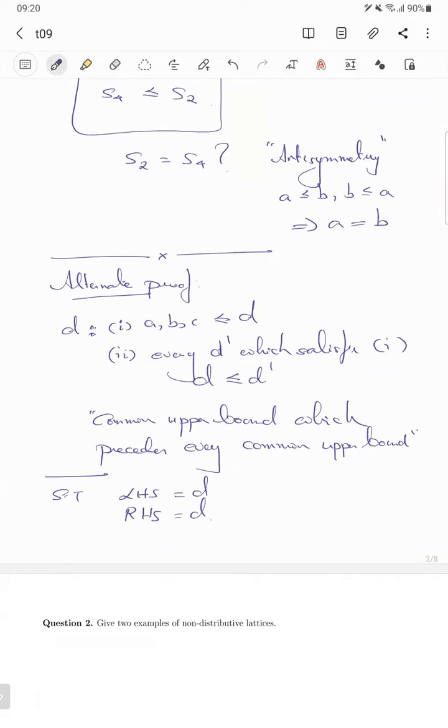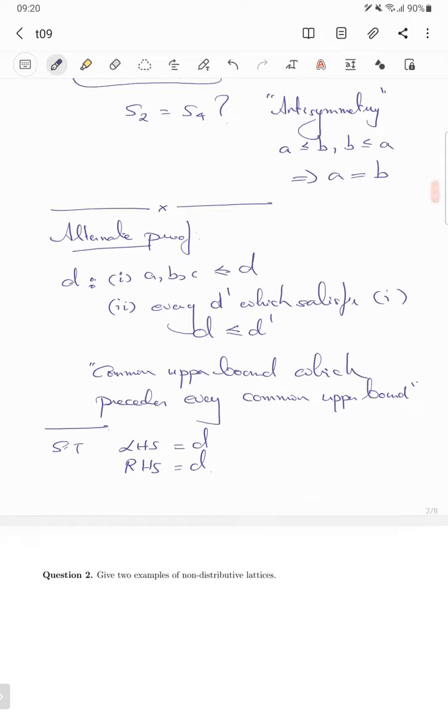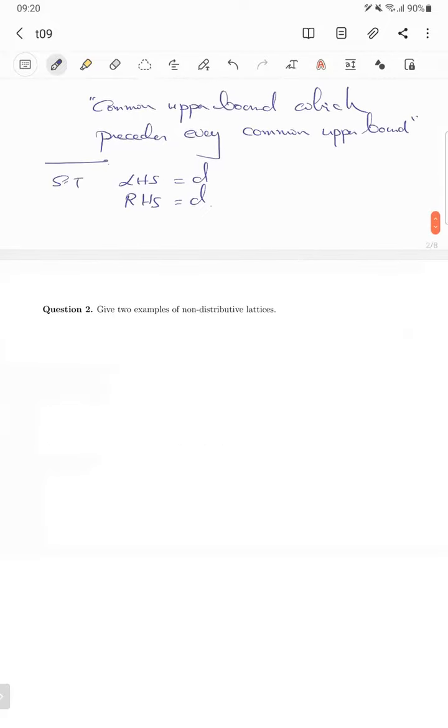This intuition will be very useful if you are working with joins or meets of very large sets. Otherwise you will get tired trying to find this out pair by pair. The same steps that Lalath did with slight modification will work for proving this.